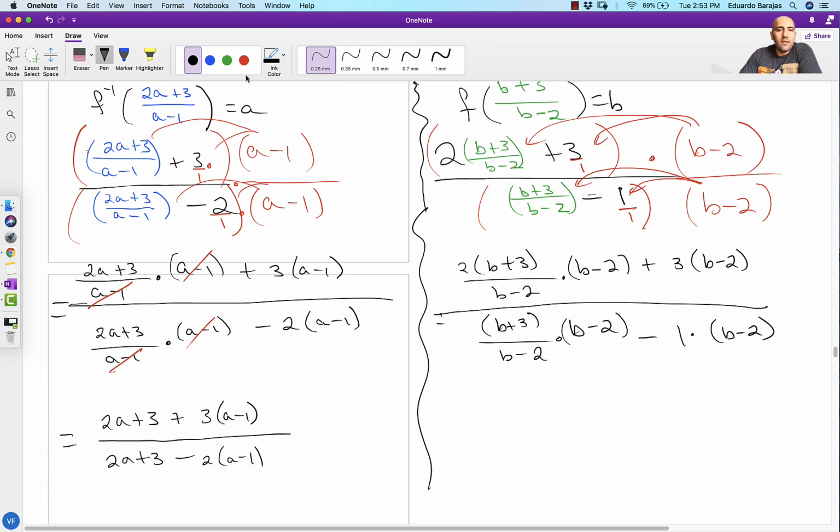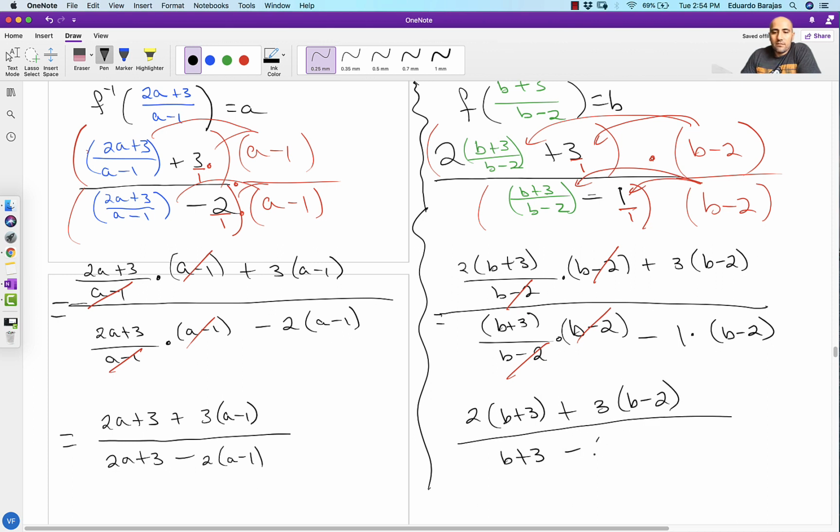On this side, luckily, these guys will cancel, and these guys will cancel, giving me 2b plus 3 plus 3b minus 2 all over b plus 3 minus, parentheses, b minus 2.